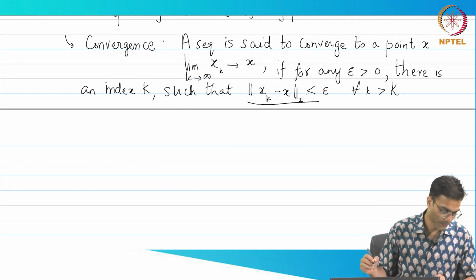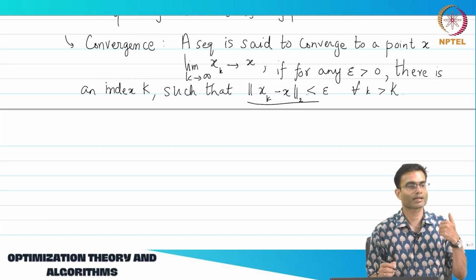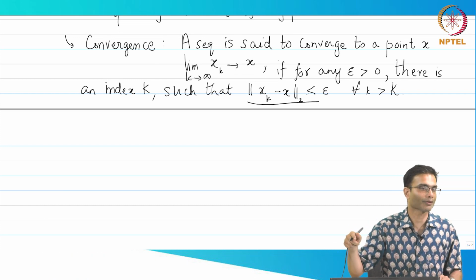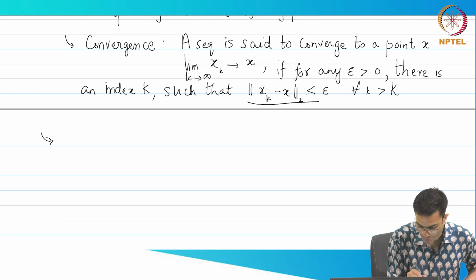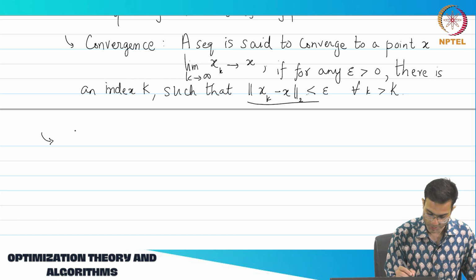So this is about just convergence of a sequence. Then there is a little bit more fine tuning of types of convergence. We are going to look at a special type of sequence, which is called a Cauchy sequence.